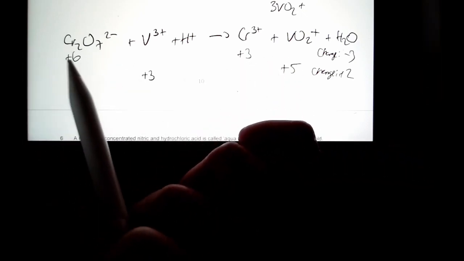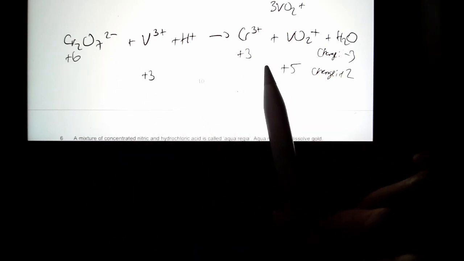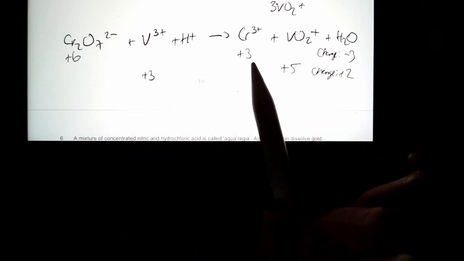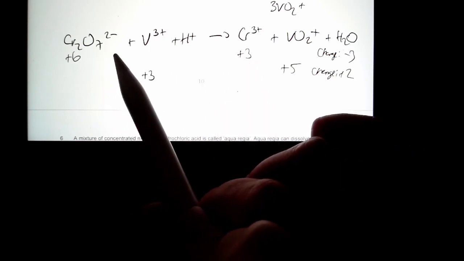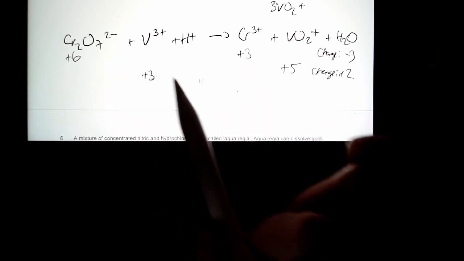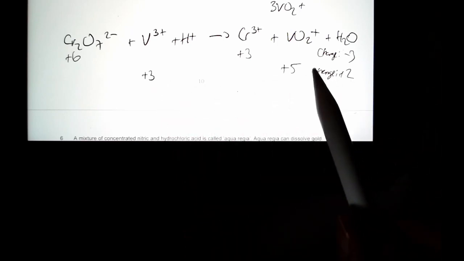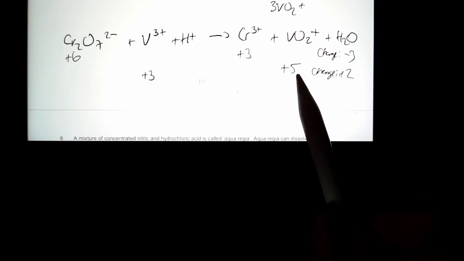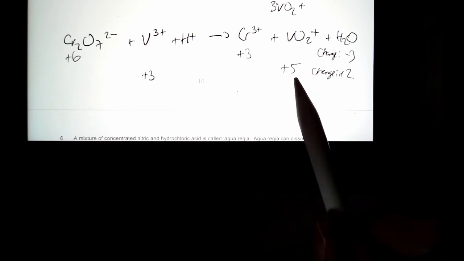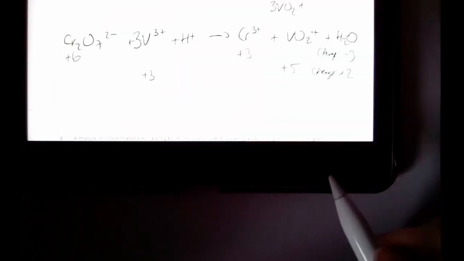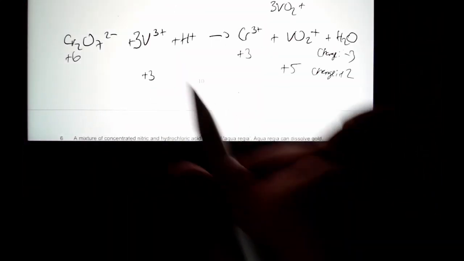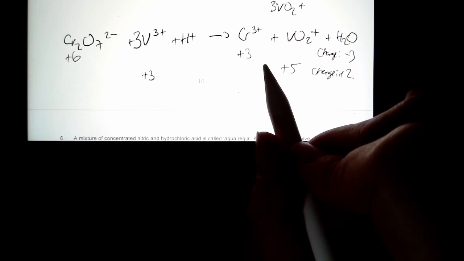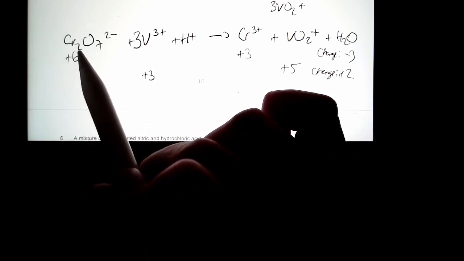But you've got 2 chromiums, so instead of just gaining 3 electrons, you actually need to gain 6 electrons because there are 2 chromiums. So if I need to gain 6 electrons, how many vanadiums am I going to need? Well, each vanadium is giving you 2 electrons, but you need 6 in total. So you're going to need 3 vanadiums so that they can each provide 2 electrons, and you get the 6 electrons that you need in order to reduce those chromiums.